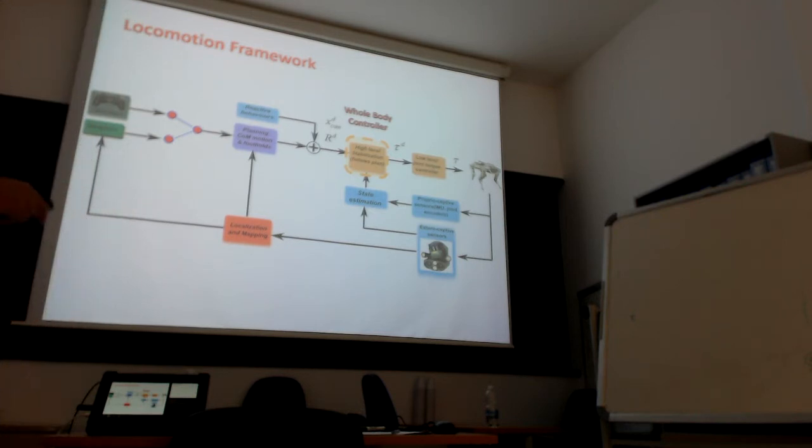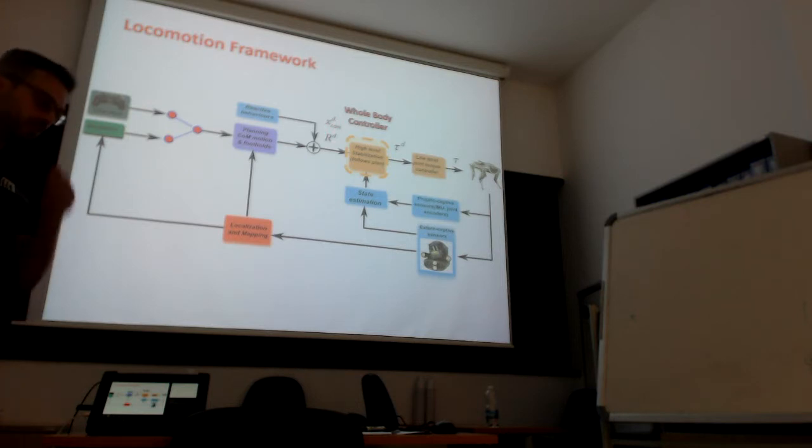So you see here a diagram of a typical locomotion framework like the one we use, and we have, for example, a user input that is a joypad that sends, or a navigation algorithm that sends, desired velocities to the planner. Then the planner, given a map or in a heuristic way, works out the trajectory for the center of mass and for the orientation of the trunk.